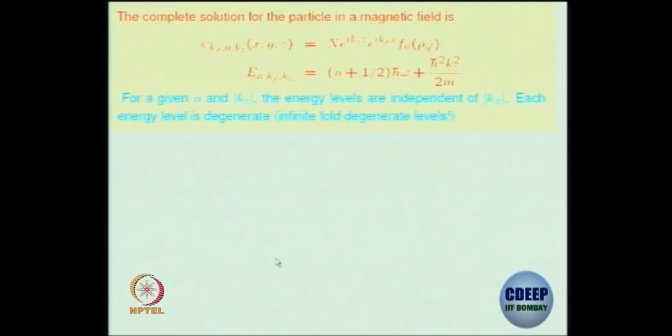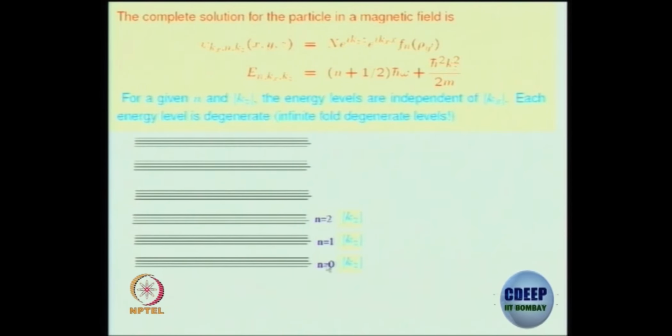which means there is an infinite fold degeneracy in the wave functions. You can have many possible wave functions for different kx, but a specific n and a kz. Highly degenerate, infinitely degenerate.